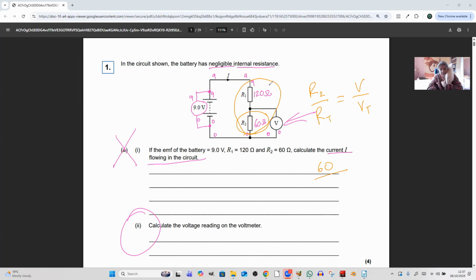Our total is 60 plus 120, which is 180. And that is equal to V, which is what we're trying to get, over V total, which is 9. Well, 6 out of 18 is a third. A third of 9 is 3. So this V is going to read 3 volts. Can you see why?